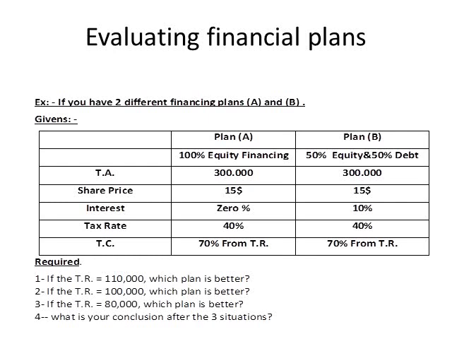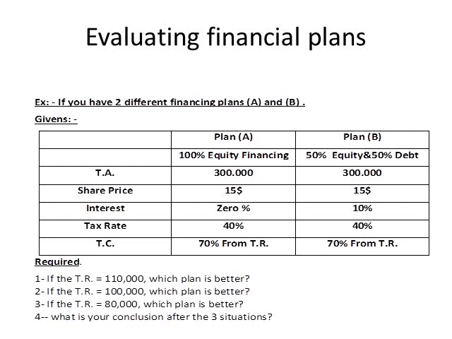If the total revenues equal $110,000, which plan is better? The other case, if the total revenues equal 100,000, which plan is better? And the third one, if the total revenues equal 80,000, which plan is better?